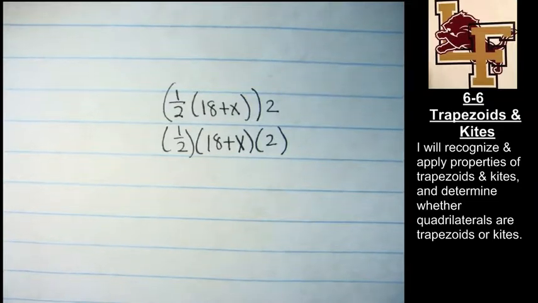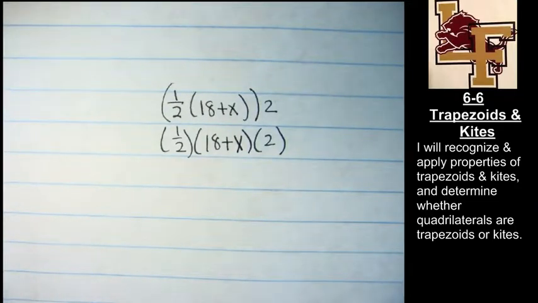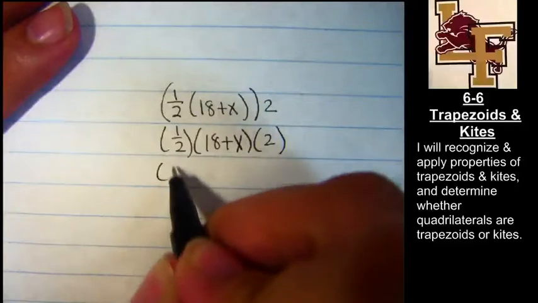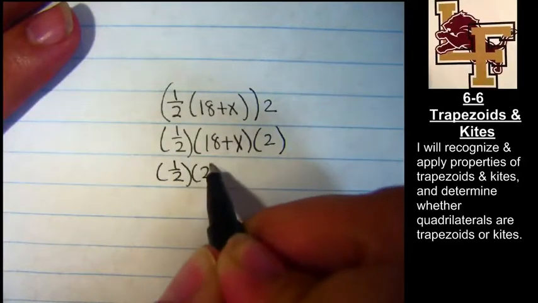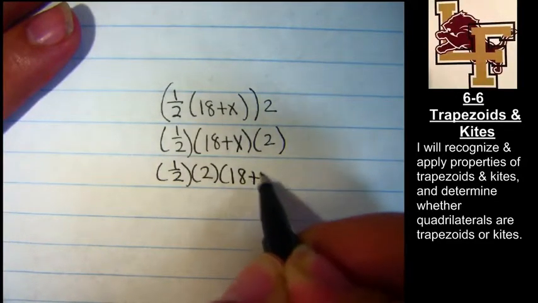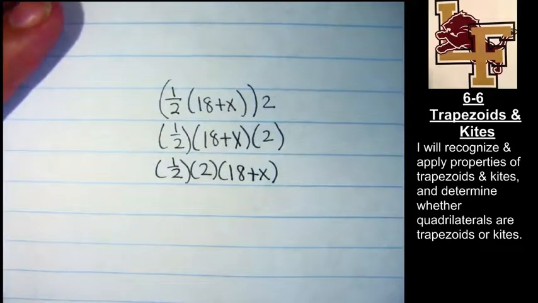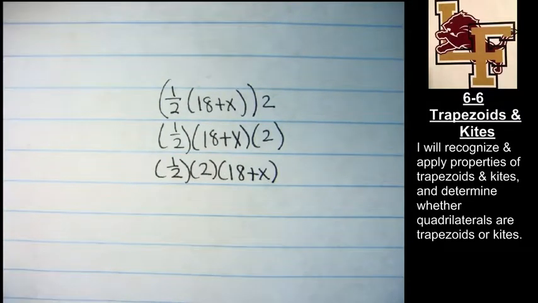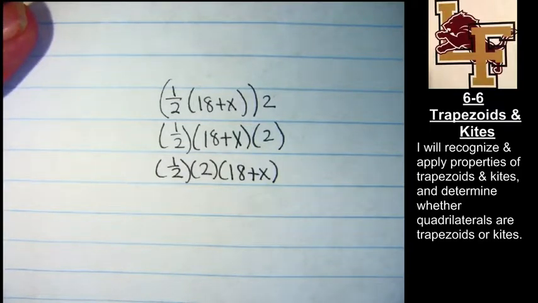That's all right? Okay. Multiplication is commutative. That means order doesn't matter. 2 times 3 is the same as 3 times 2. Okay? So I'm going to rearrange this so the 1/2 and the 2 are next to each other. And now I'm going to multiply the 1/2 and the 2 together. But I don't know how to multiply a fraction and a whole number. I only know how to multiply a fraction with a fraction.